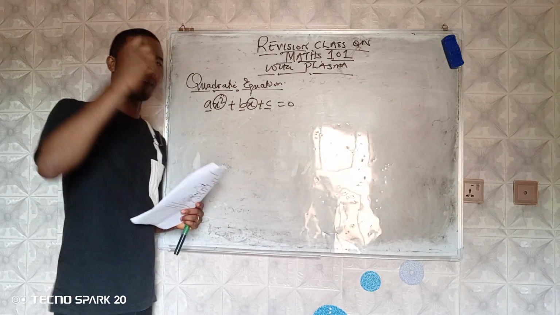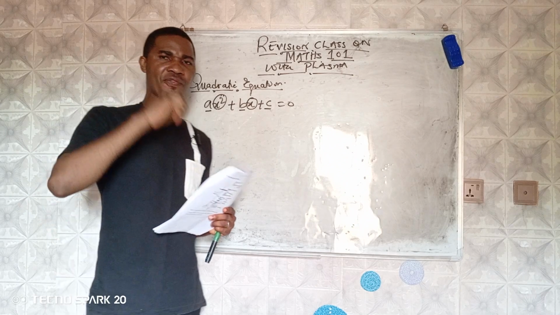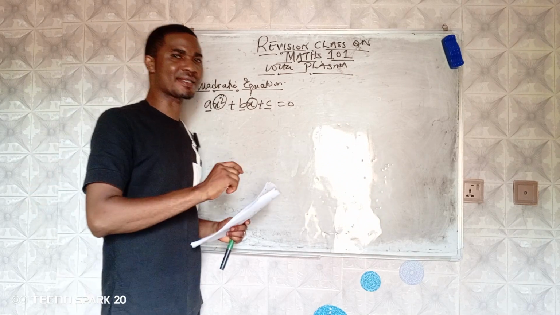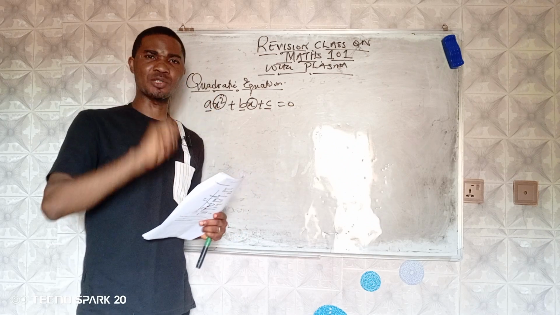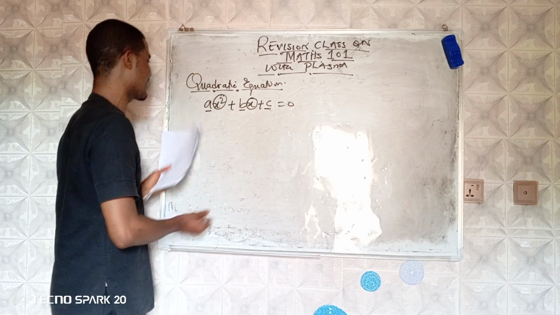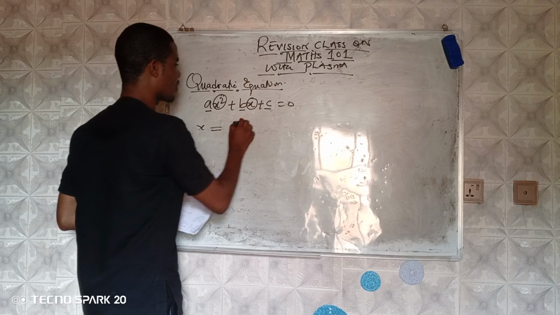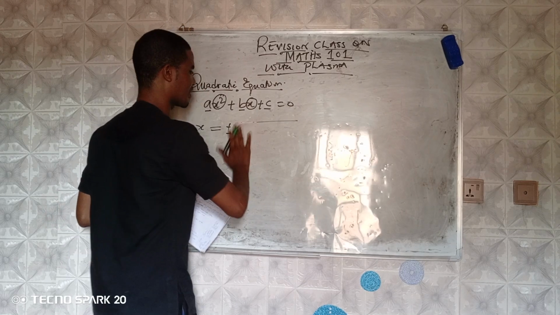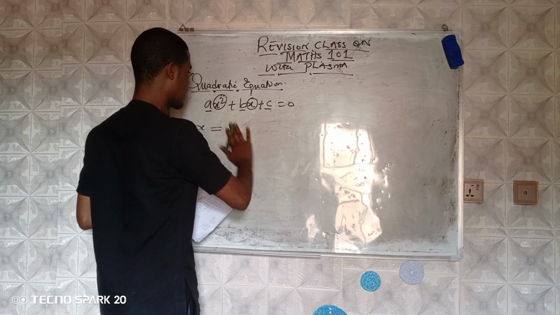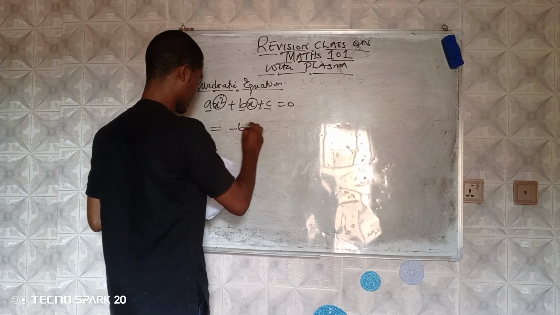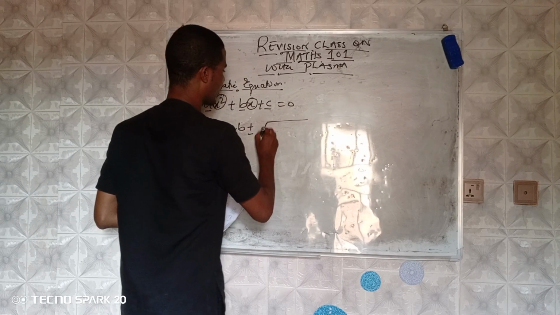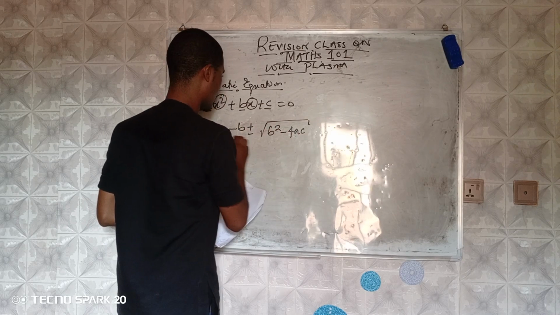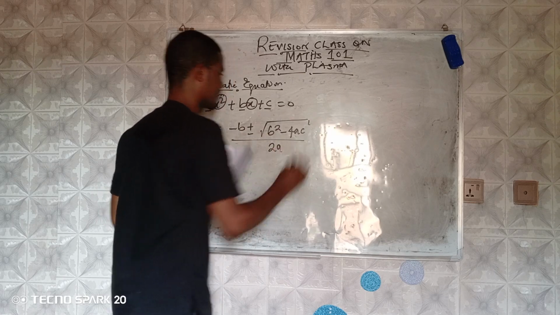Okay, coming to factorization, there are many methods of factorization which you must have learned in secondary school. But in this revision class, I'm going to be introducing the formula method that says to get the value of x, you have x equals minus b plus or minus root of b squared minus 4ac, all over 2a.